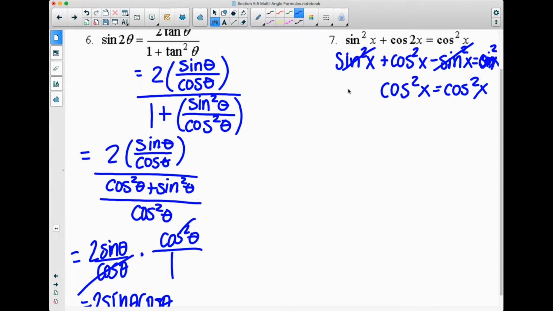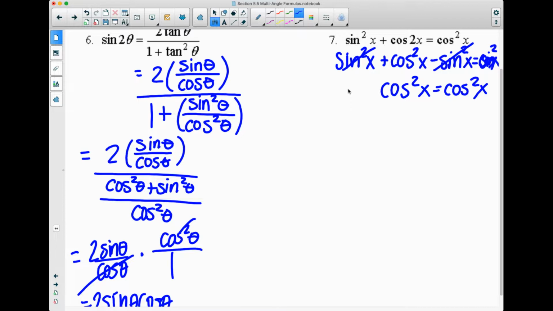Okay. Questions so far? Yeah, for number 7, I moved the sine squared x to the other side, so it was cosine 2x equals. So you can't do that. You can only manipulate each side.